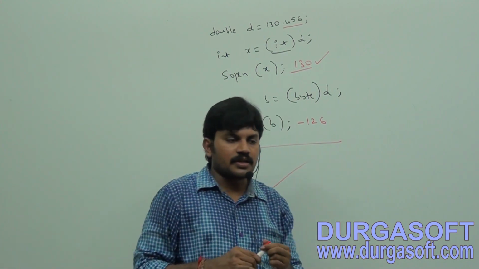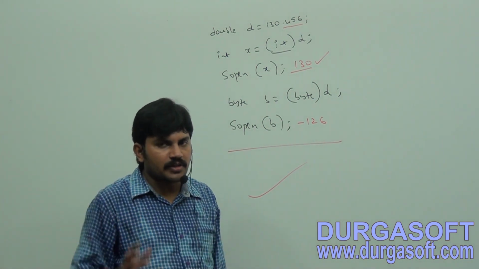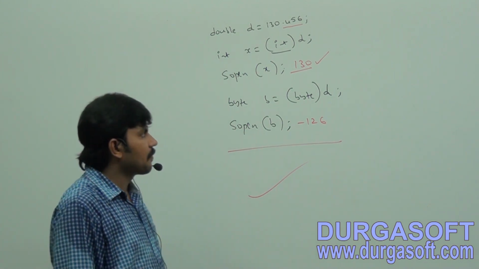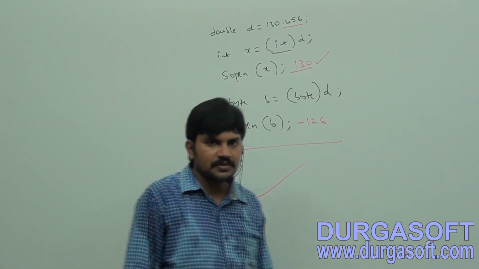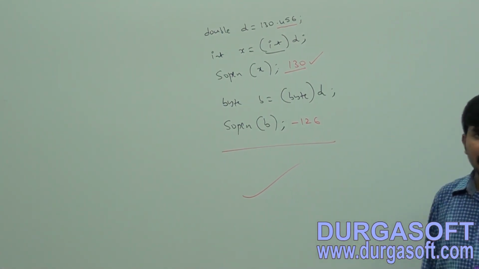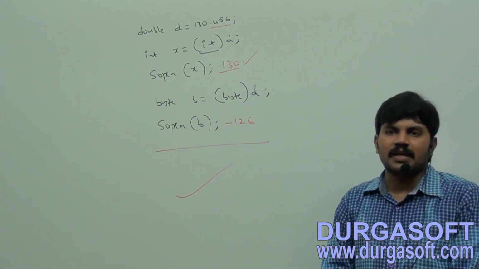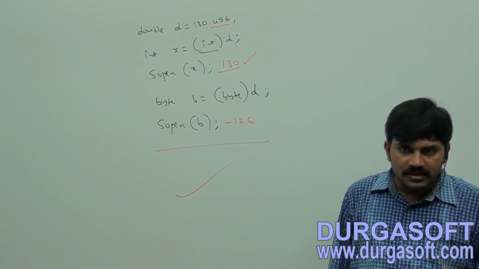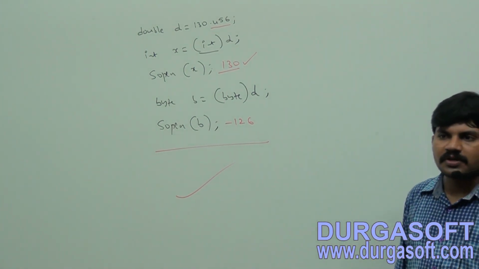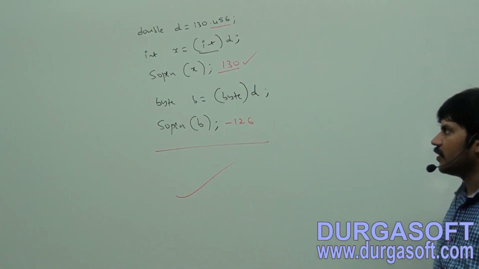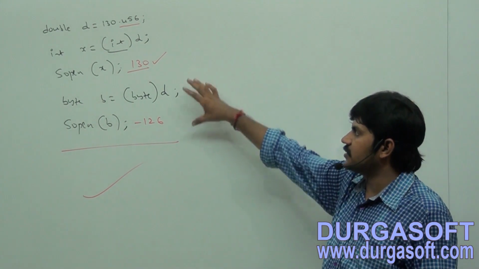Note the point: if we assign floating point values to the integral types by explicit typecasting, the digits after the decimal point will be lost. That's all.